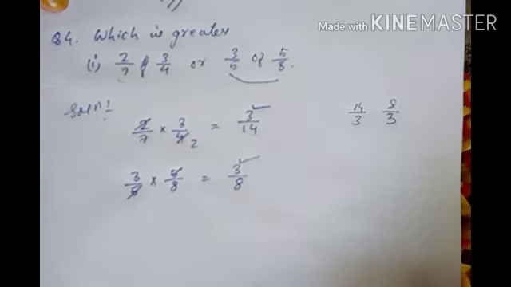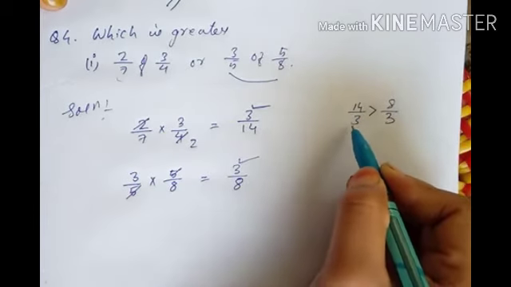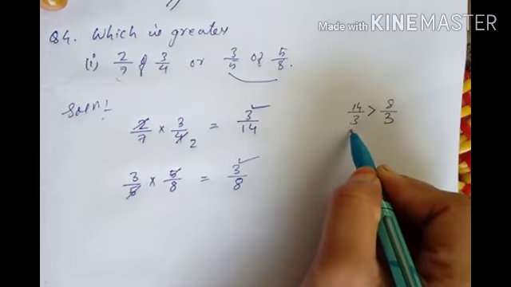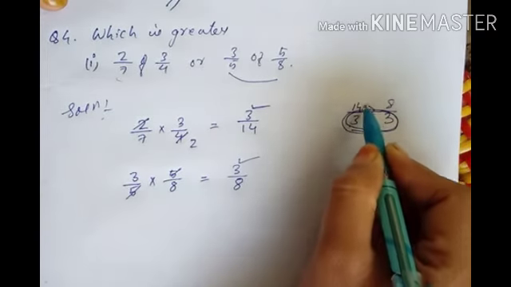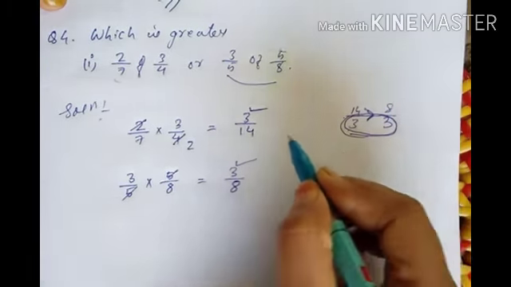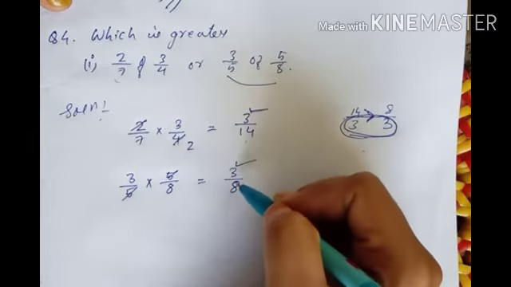If it is like this, then which is greater here? We will say 14 upon 3 is greater, in case the denominator is same. But here it is opposite. Here numerator is same and denominator is different.